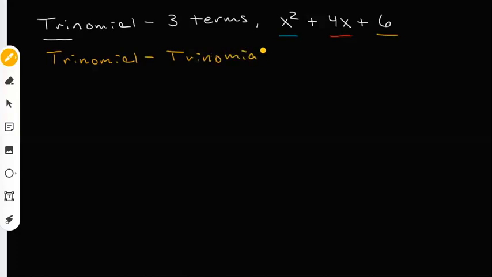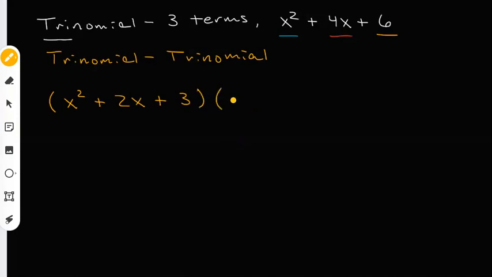So let's do a trinomial. The first thing I have is, in parentheses, x squared plus 2x plus 3, and I'm going to close that up. That's going to be my first trinomial.